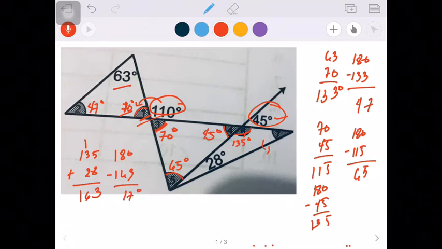But wait, there's another process in getting angle 7. We know the definition that says the sum of the remote interior angles is equal to the exterior angle. So take note that 28 and angle 7 are actually the remote interior angles of 45 degrees.